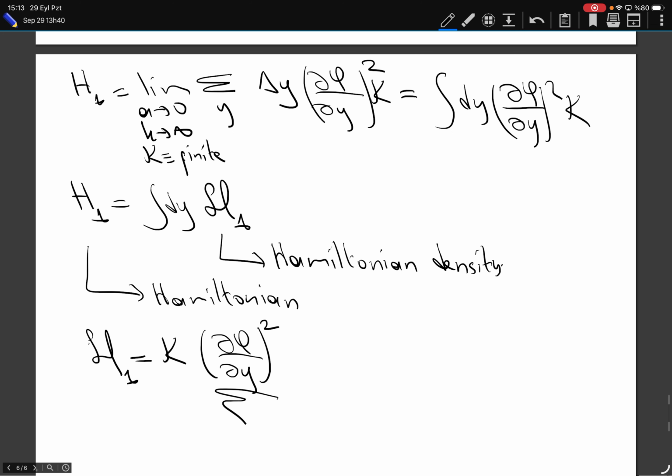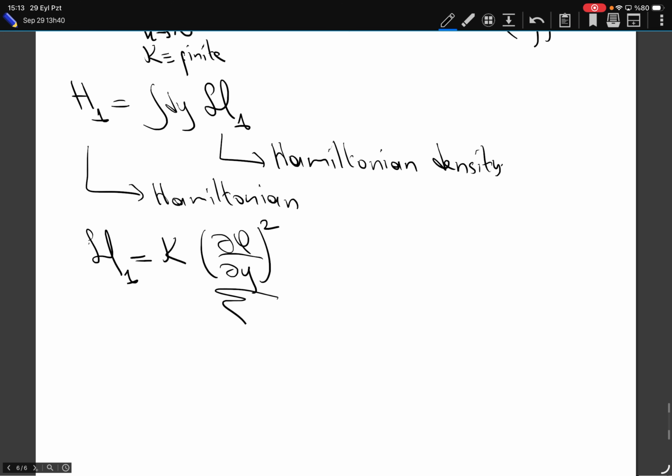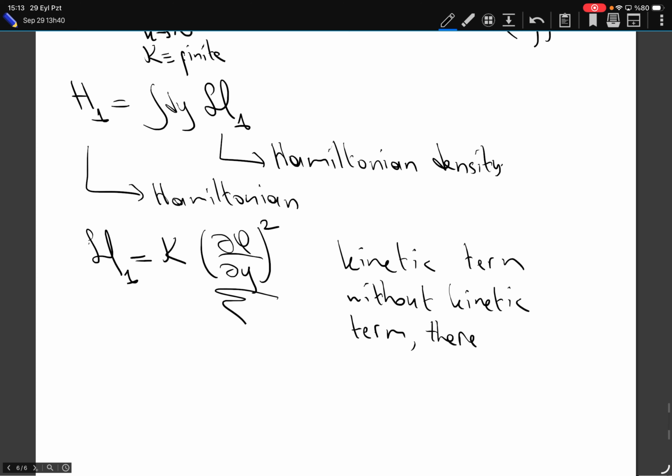The derivative terms cause particles to move around. Without the derivative terms, there's no motion. So this is called the kinetic term. Without a kinetic term, there's no dynamics.